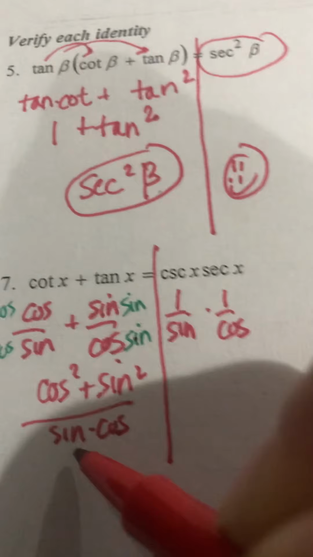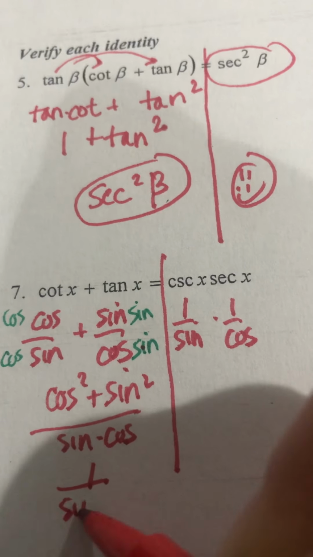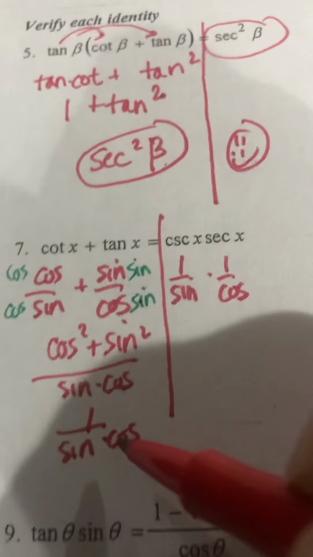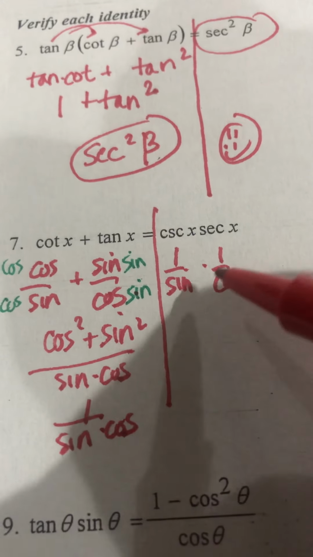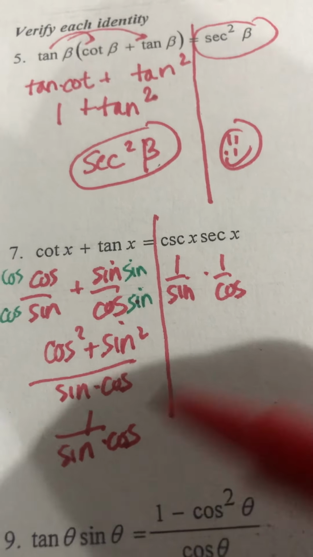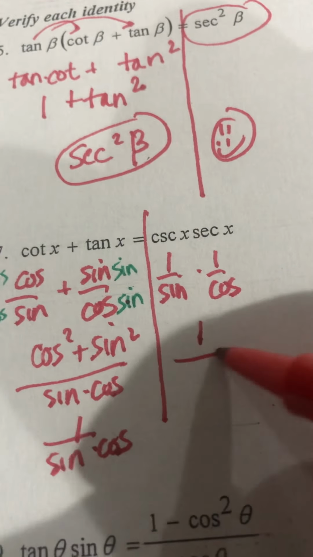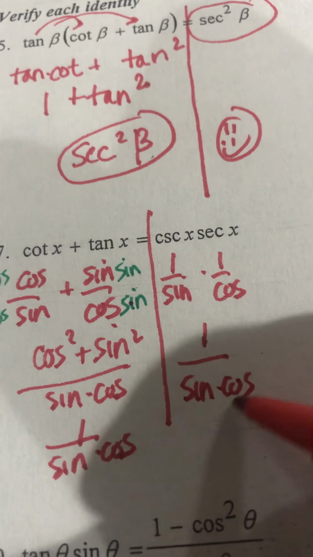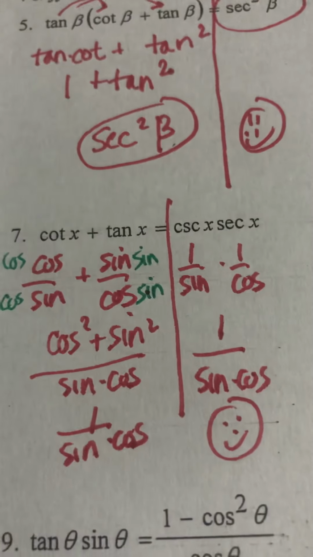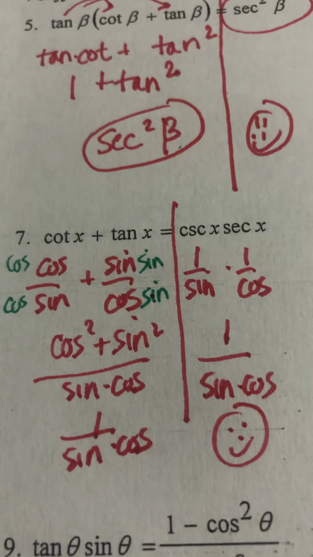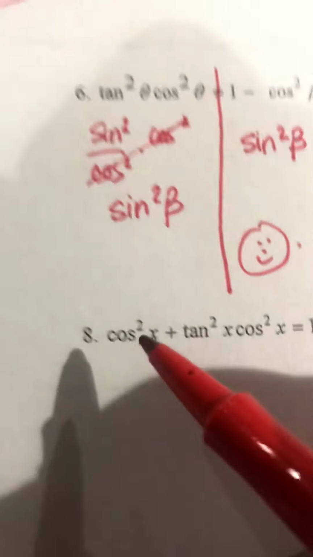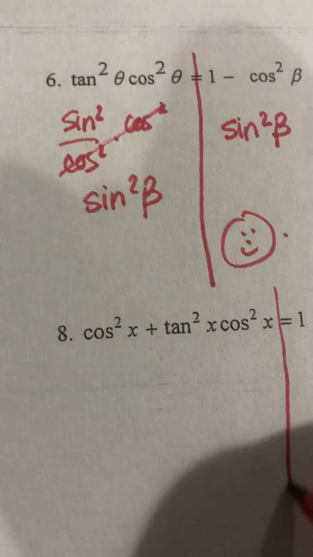But what's cos squared plus sine squared? 1. And I'm okay to say that those match now. 1 over sine cos and 1 over sine times 1 over cos. But maybe I'll just do this to make them totally match, right? Ta-da. Common denominator.